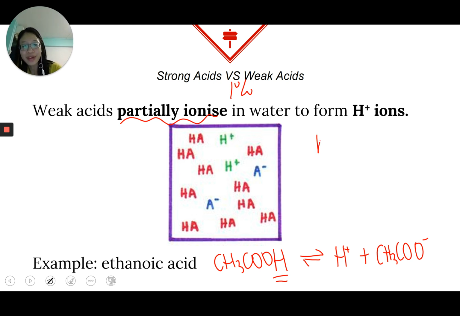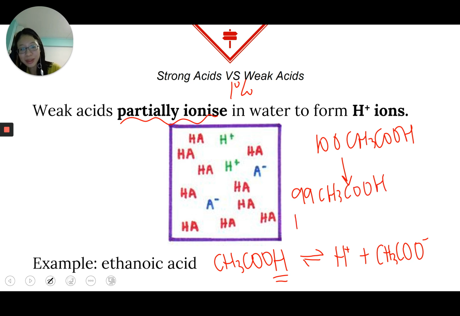If I have 100 ethanoic acid, CH3COOH, only 1% dissociates. So 99 of them remain as CH3COOH, and only 1 H+ and 1 CH3COO- are formed. So only 1% will dissociate to form H+.